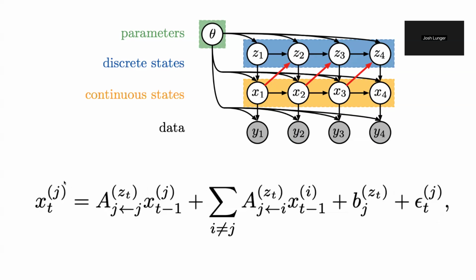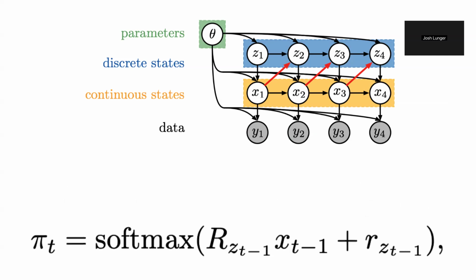So this is now saying that the jth latent region is transitioned on by this block matrix within the greater transition matrix, and that we sum over all of the other latent states, which have these separate across-region transition matrices.